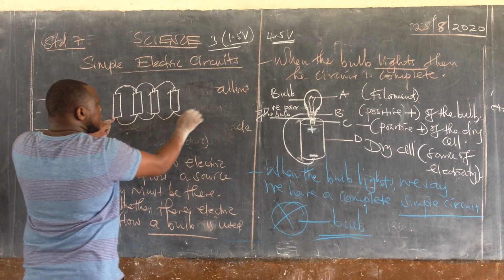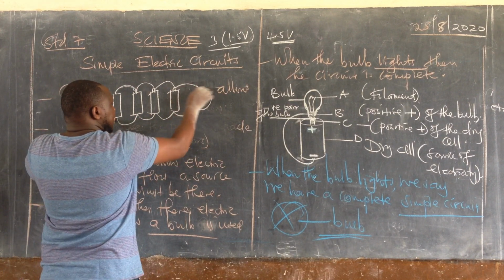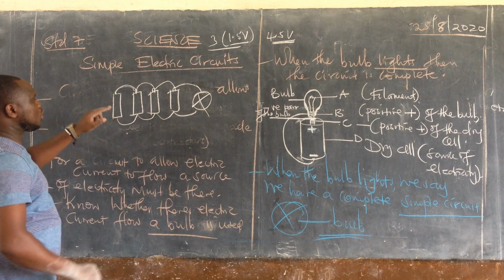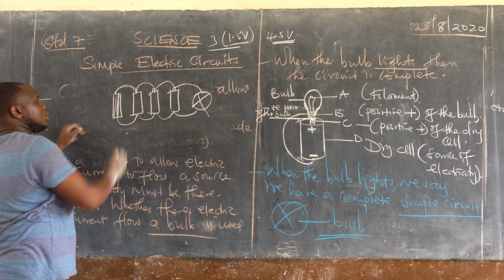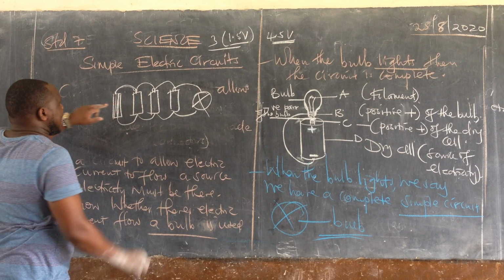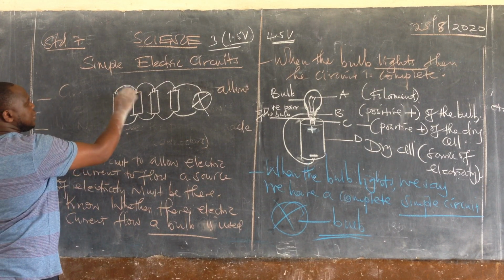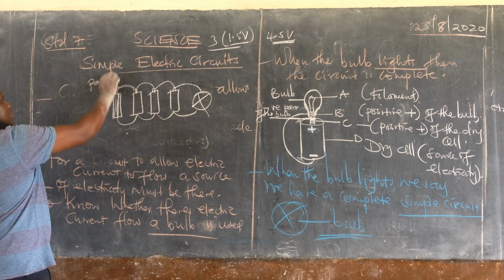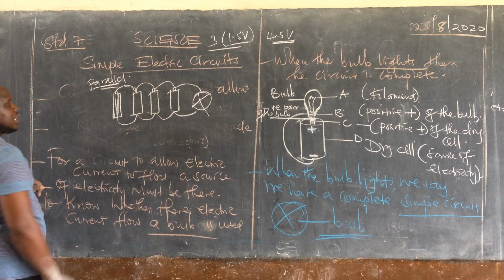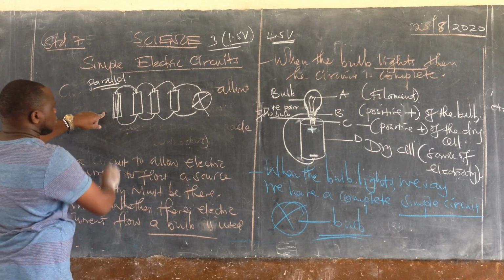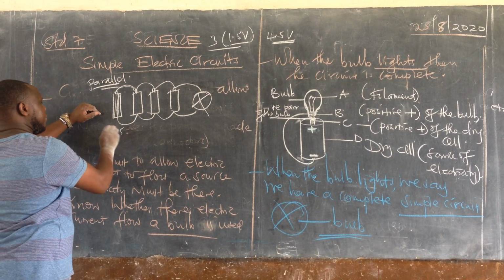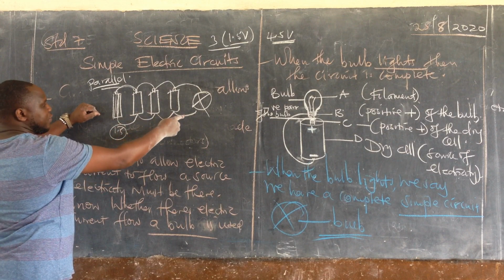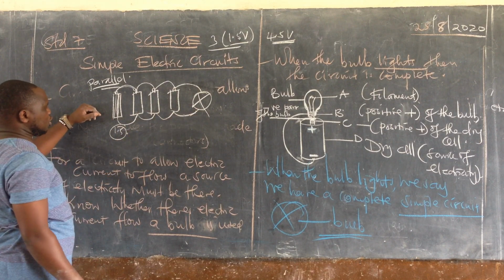If you remove this now, you bring a bulb there. This bulb is going to use only one dry cell, because this connection, where a positive is connected to a positive, we call a parallel connection. In a parallel connection, only one dry cell is going to be used. So if all of these are 1.5, only 1.5 volts is going to be used.